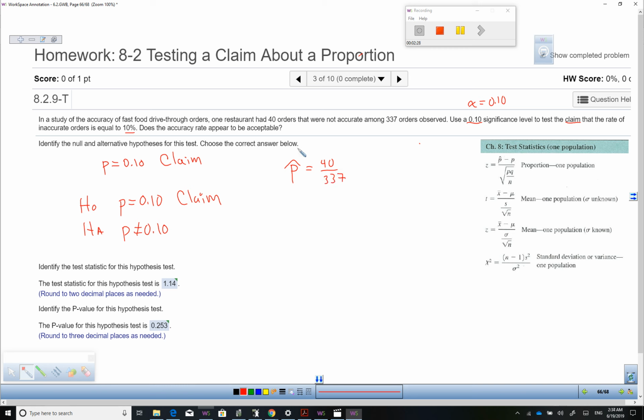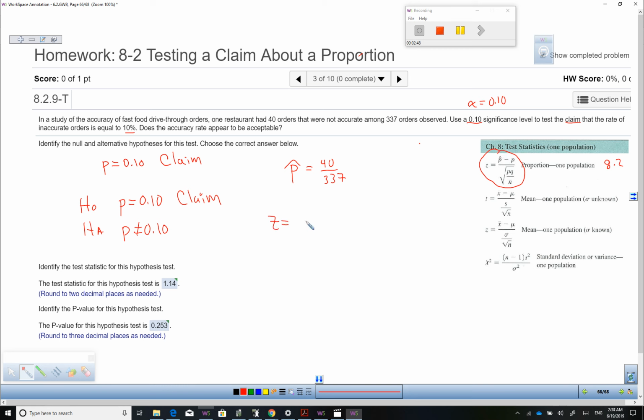This is our p hat. And the test statistic, well, in this case, on this section 8.2, we are testing a population proportion. We are using this formula. Okay, so let's go step by step.